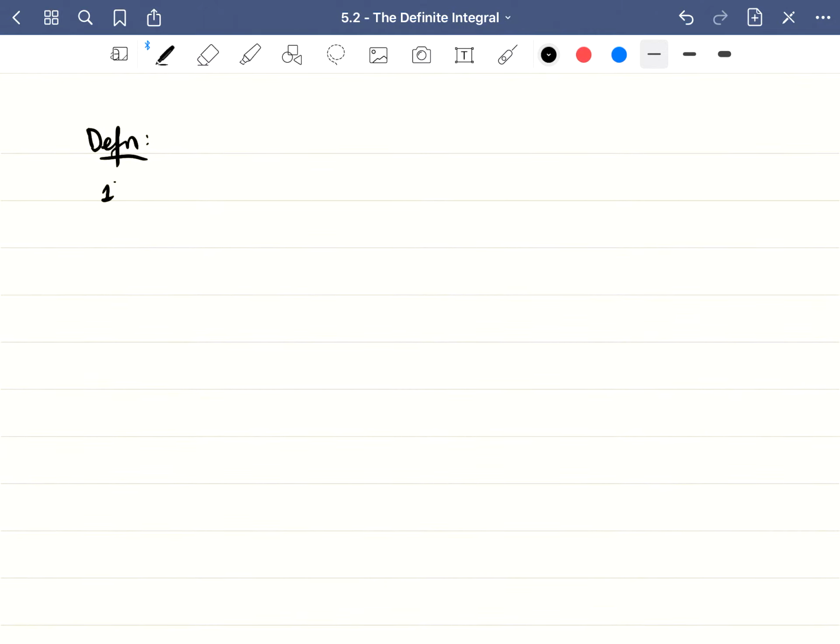So I have two definitions here. First of all, the net signed area is equal to the integral of the function, the definite integral from a to b of f dx. So this is basically the net area between f and the x-axis.